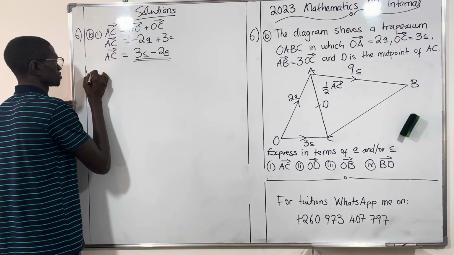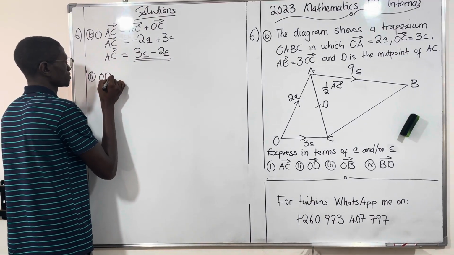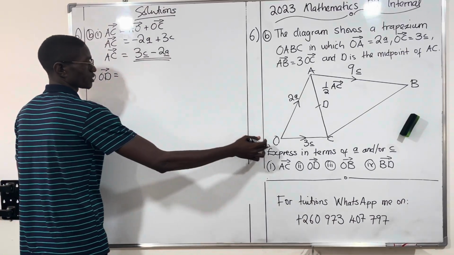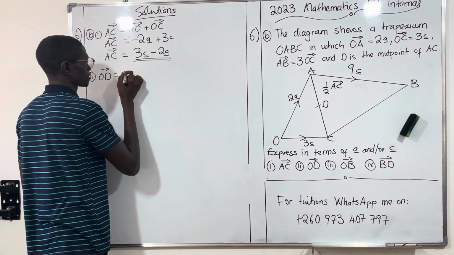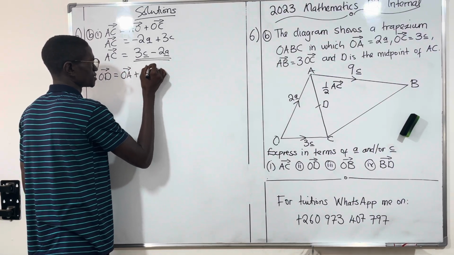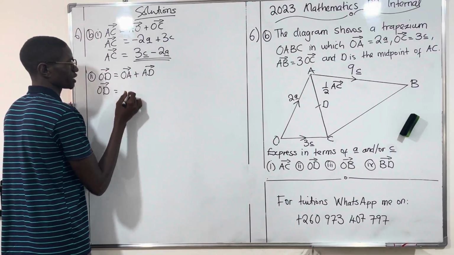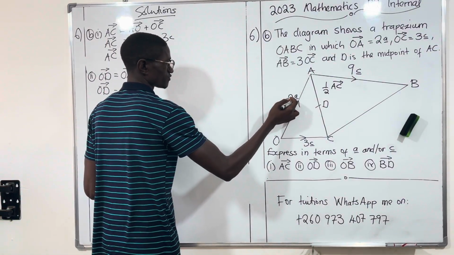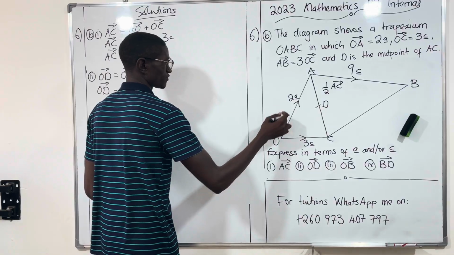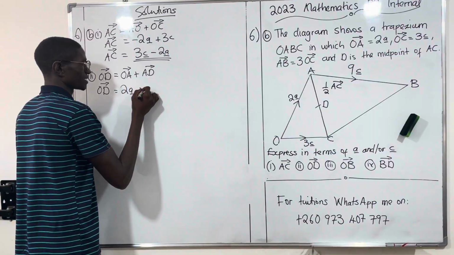That's number 2. What are we finding? Vector OD is equal to vector OA plus AD. Okay? OD is equal to, what is OA? OA is this value here, and we're heading in the same direction as the vector, so it's still going to be positive, like that, plus, what is AD?